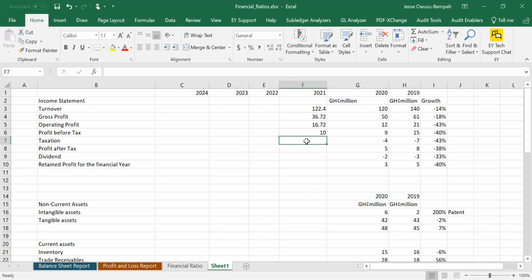So 0.3 times 10 million will give us their tax. Then their profit after tax will be 10 minus 3. Then they'll say they probably paid a dividend of 1 because they were struggling. Then their retained profit was 6 or something.